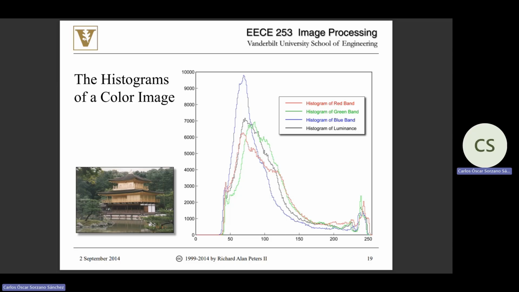And we see that the histogram of the luminance is not the average of the other histograms. And we will discuss more about that later. It is kind of similar, but it is not exactly the average of the three. But somehow they resemble, so they have more or less the same kind of shape.